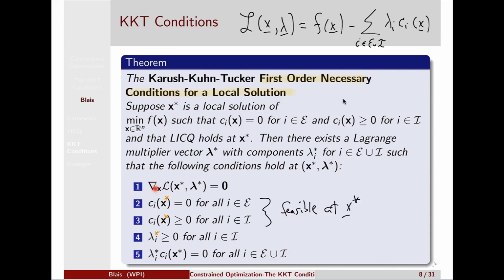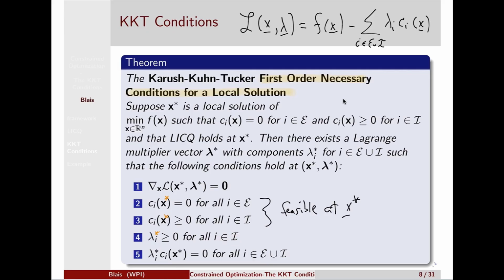So first, the gradient of the Lagrangian function with respect to x equals the zero vector. We have feasibility, so all of the equality constraints are satisfied at x star. All of the inequality constraints are satisfied at x star. And then we have each Lagrange multiplier greater than or equal to 0 for all of the inequality constraints.